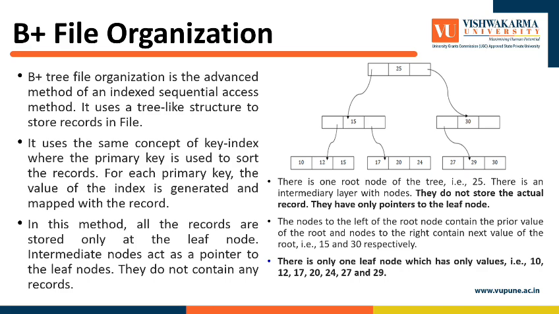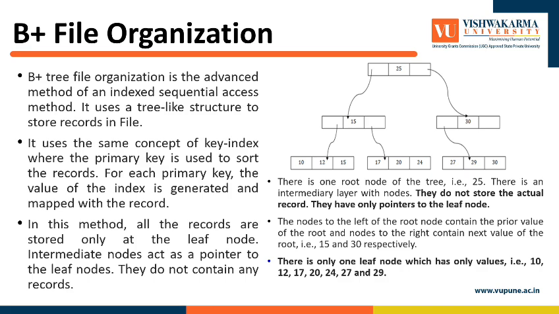All the records are stored only at the leaf nodes. The intermediate nodes act as pointers to the leaf nodes. They do not contain any records; they have only pointers to the leaf nodes. There is only one leaf node level which has the values 10, 12, 17, 20, 24, 27 and 29, as given in this diagram.